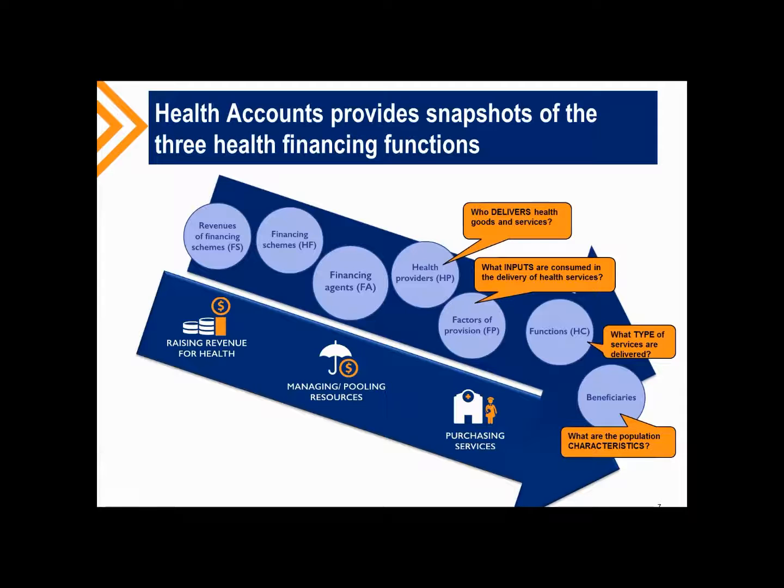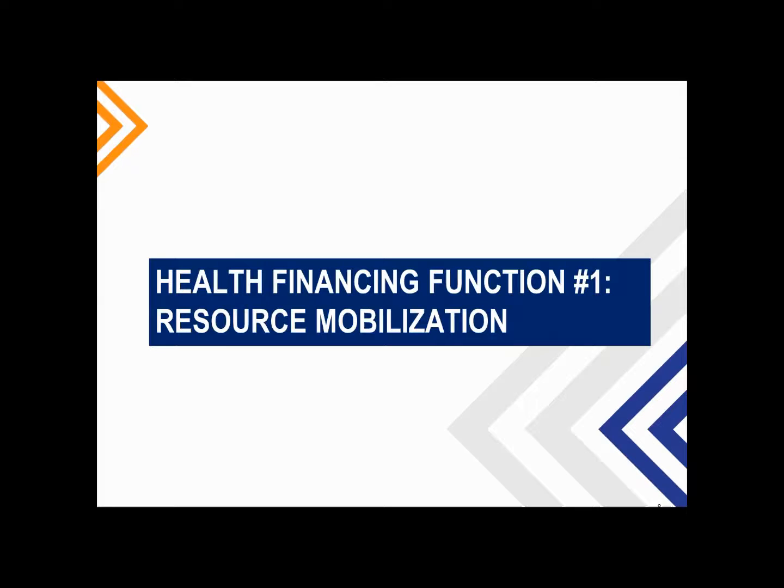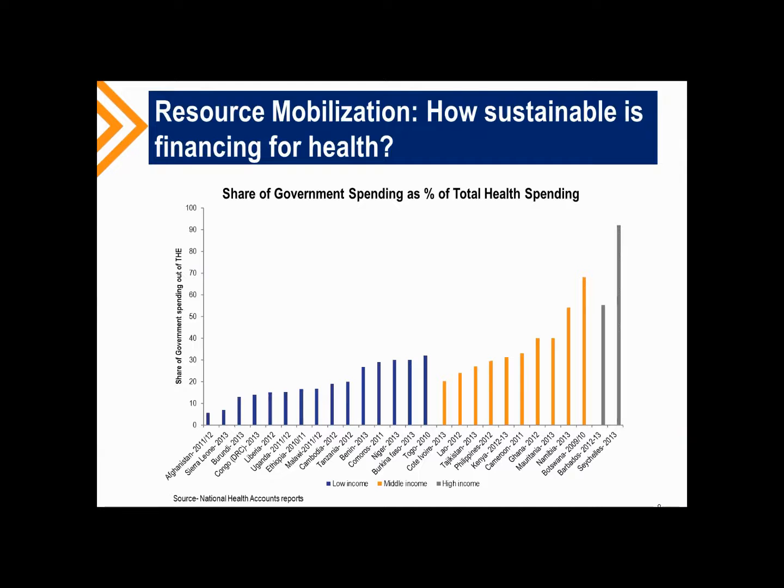So this is a high-level overview, but you can see that health accounts provides really a comprehensive view of health expenditures in a country. And so with this overview, we're now going to walk through country applications of health accounts data at each of these three health financing functions. So we'll start with the first one, which is resource mobilization.